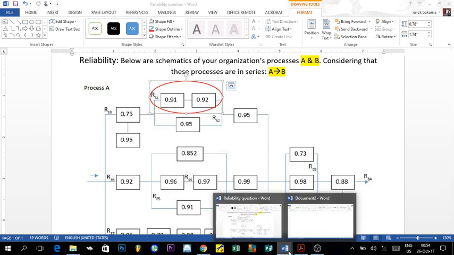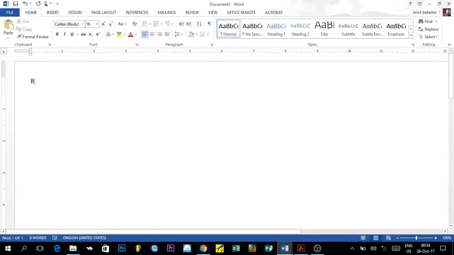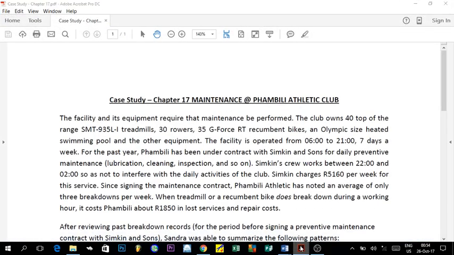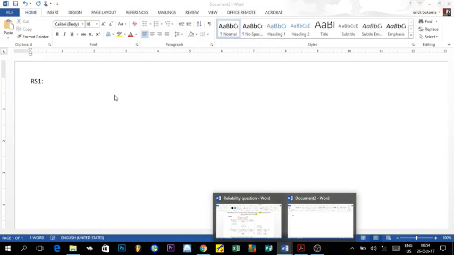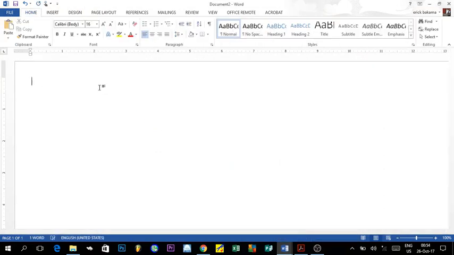So we calculate RS1. The two components are 0.91 and 0.92, and this one is process A. So RS1 has two components, 0.91 and 0.92.